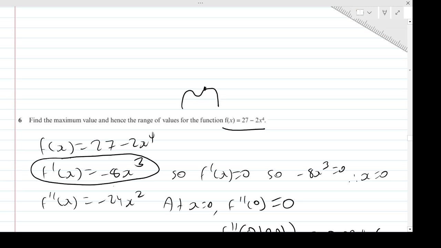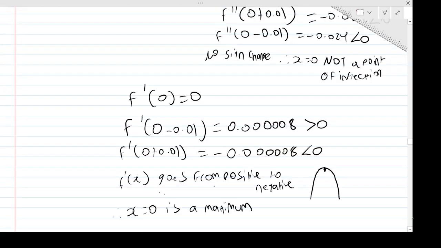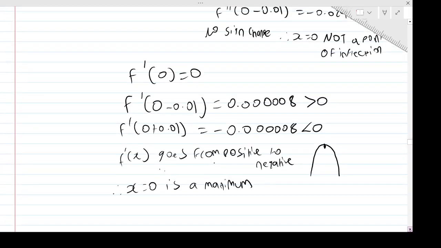So a maximum point is going to be sort of there, right? At the highest point. So the maximum value is going to be at the maximum point. Okay, so then to find the maximum value, we're going to need to find the y value at the maximum. So x is 0 is the maximum.